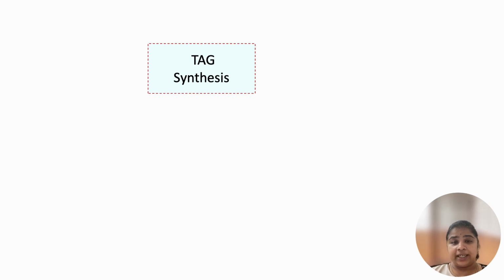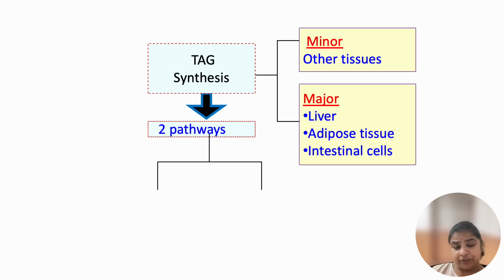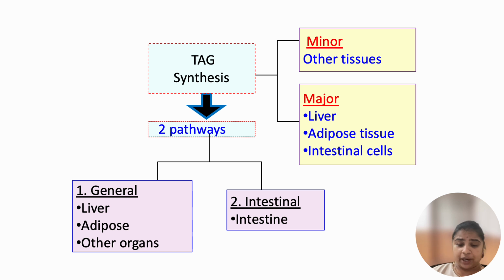If we look at synthesis, it mainly happens in liver, adipose tissue and intestinal cells. A small amount happens in other tissues. So, we have two different pathways: the pathway seen in liver and adipose tissue, and the intestinal pathway.